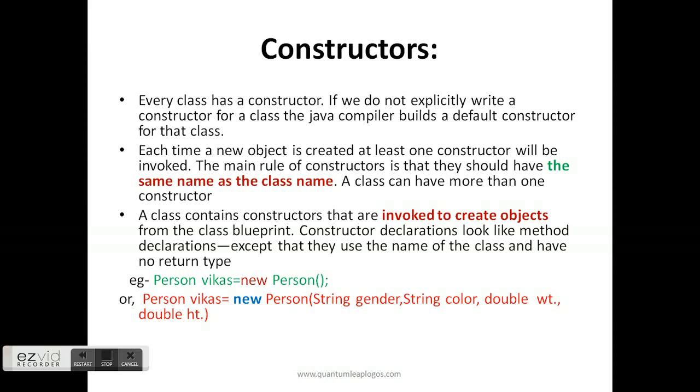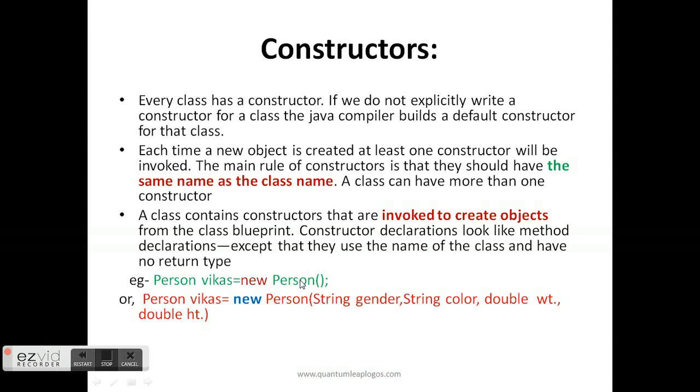Here you see one constructor is invoked which has the same name as the name of the class. Person is the class name, vikas is the object name, and this is the constructor, which is a method whose name is the same as the name of the class.